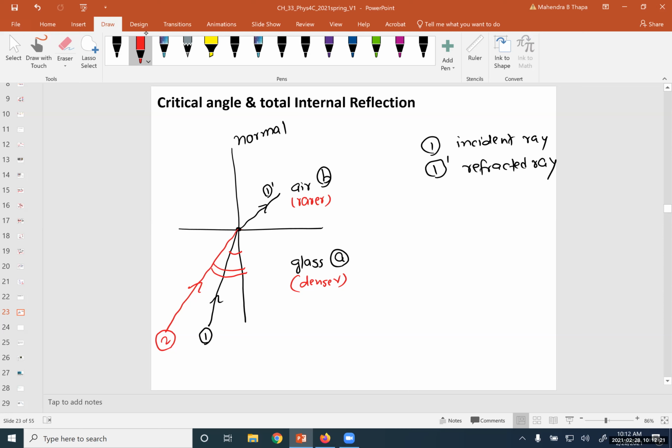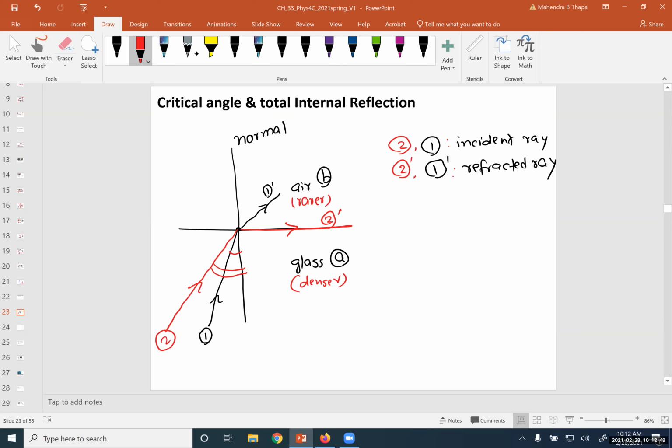Light will pass through this media, separating the media. So now the ray will pass through the interface. So I say 2 prime. So 2 prime is also the refracted ray. So I'm just writing here, 2 is the incident ray, 2 prime is the refracted ray. Okay, so now it's passing between the interface.